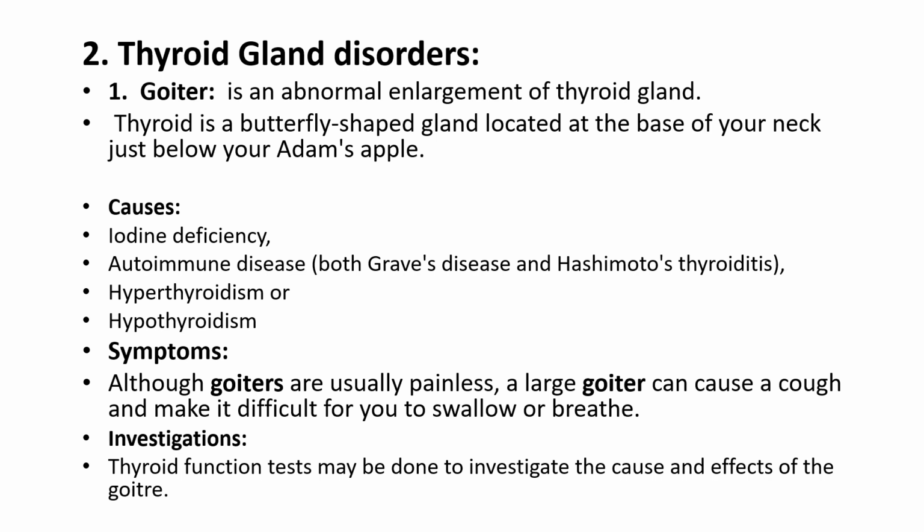Goiters are usually painless, but a large goiter may cause cough and difficulty to swallow or breathe because of the pressure effect. Investigations done are thyroid function tests, to investigate the effect and cause of the goiter.